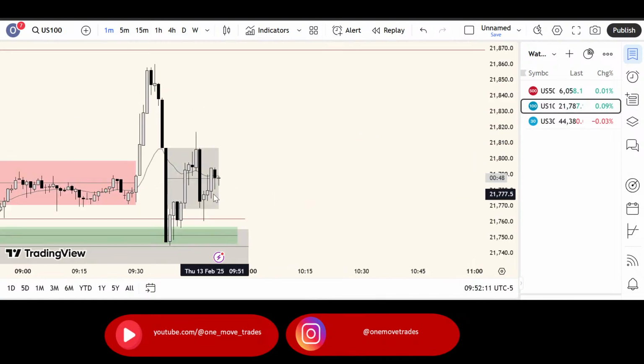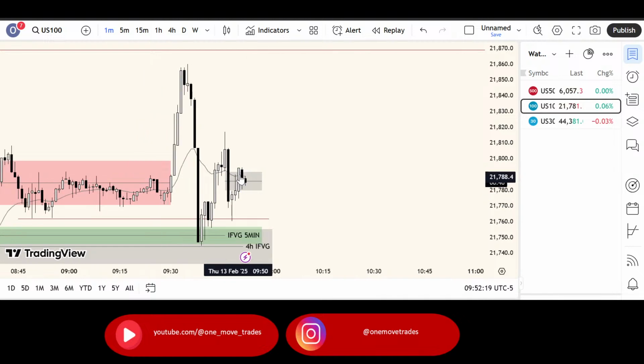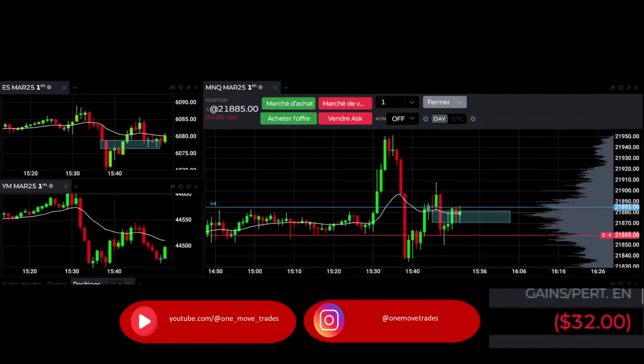For Nasdaq, same thing. We did break this reversed fair value gap, this bearish fair value gap. So we could see some potential support on this area. Let's get back on NinjaTrader.